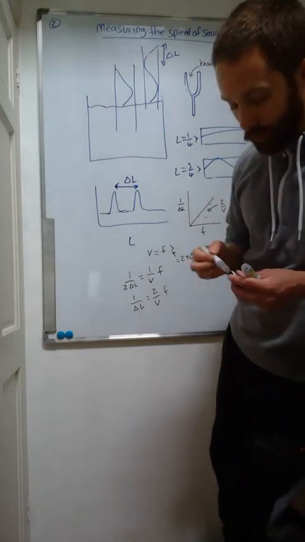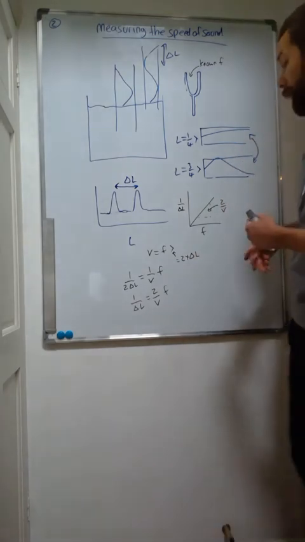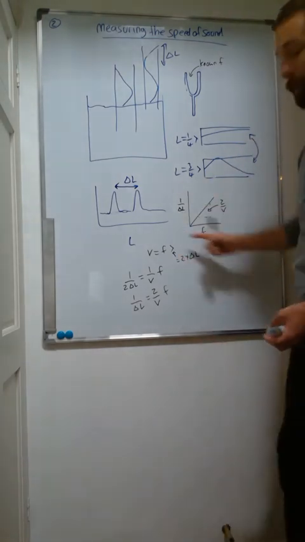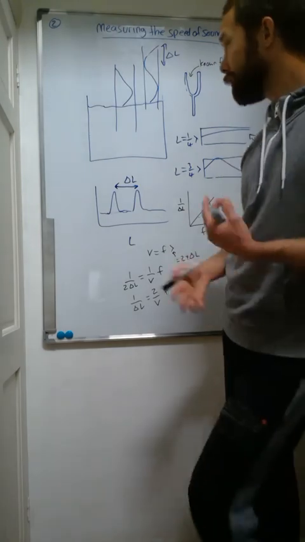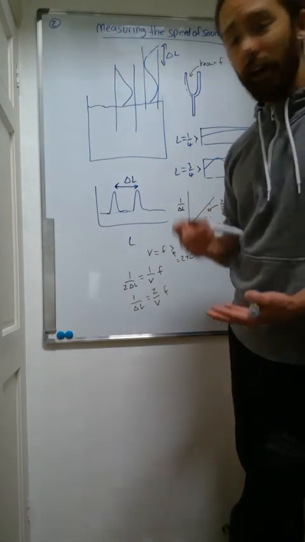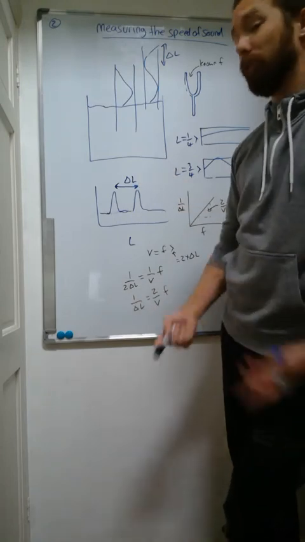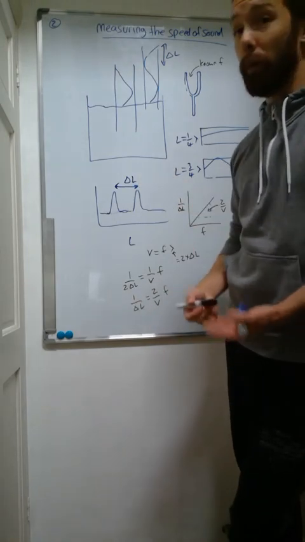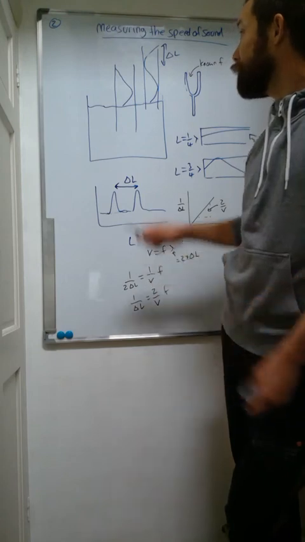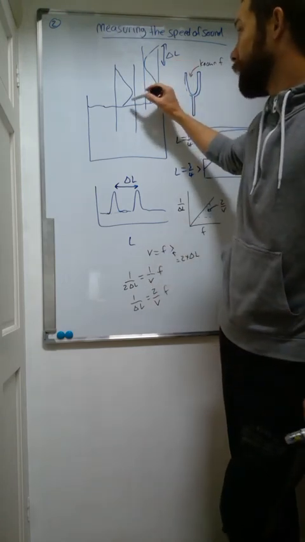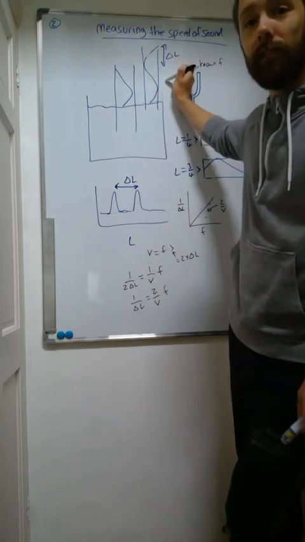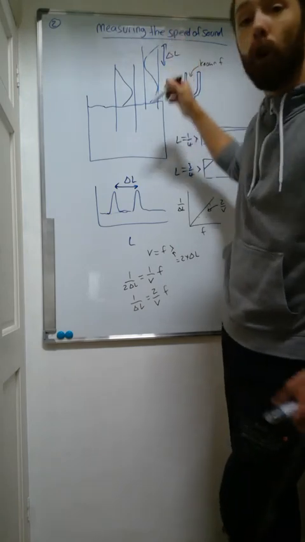So long as you can describe how you get this, and you understand where these graphs come from, it doesn't really matter which method you use. Like I say, the exam board have suggested the one where we're just looking at the fundamental, and that's absolutely fine. Chances are you probably will find the fundamental. The disadvantage of my method is that you would need a longer tube.